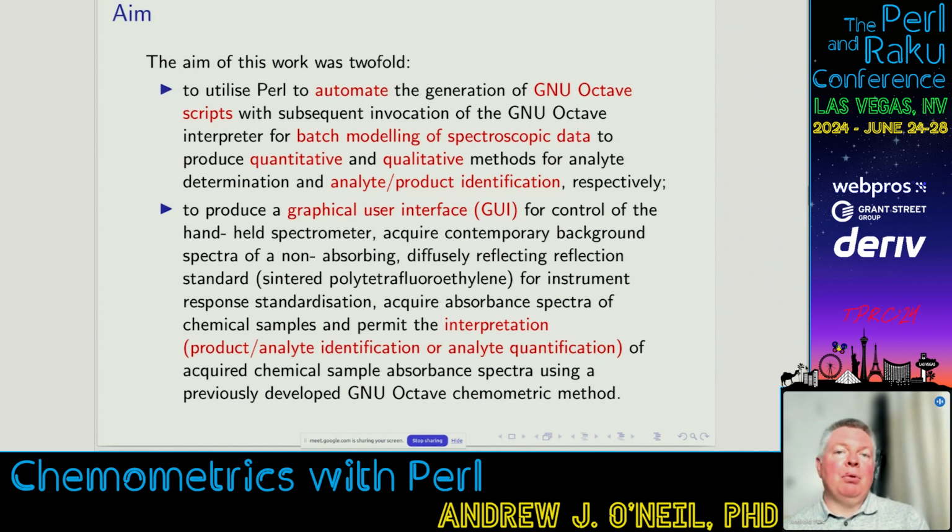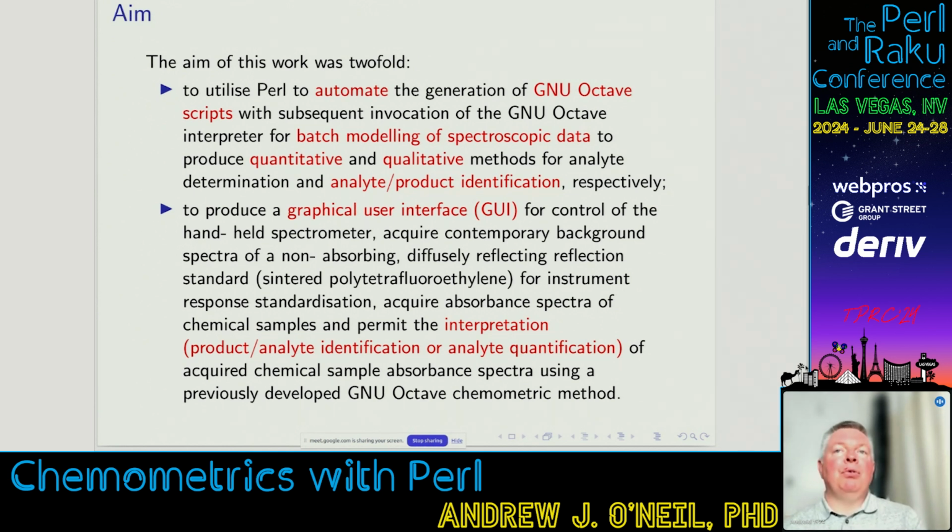Because I have a toolbox of chemometric algorithms, and I didn't see any point regenerating all those in Perl. So I used Perl to actually generate lots of different mathematical models and do batch modeling of the spectroscopic data. This allows me to do quantitative and qualitative spectroscopic methods of analyte determination or product identification, respectively.